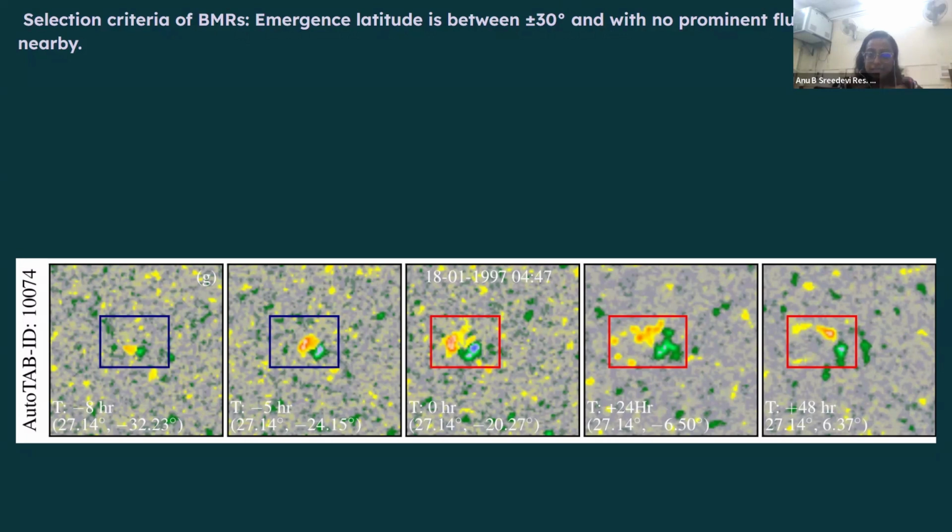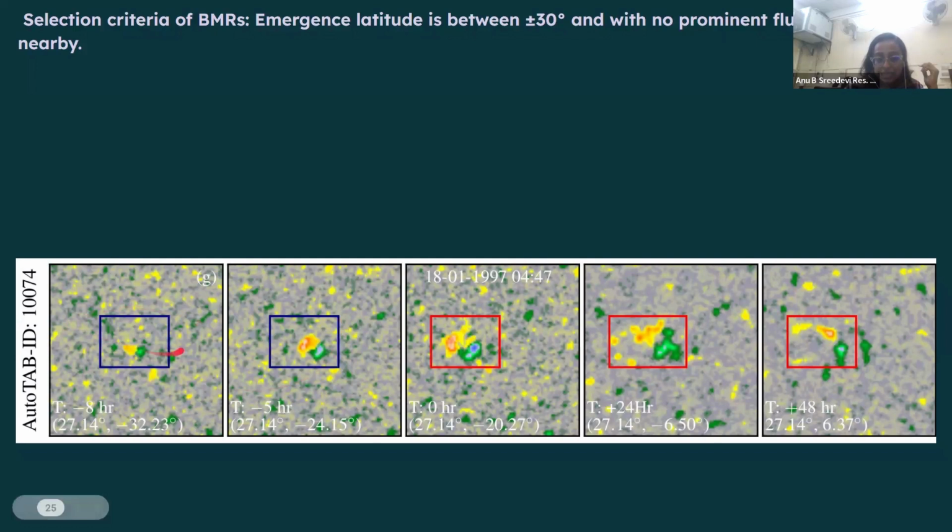So I selected some isolated BMRs. Red represents the time from which AutoTAB has been tracking the BMR, and blue represents the time in which AutoTAB couldn't track.